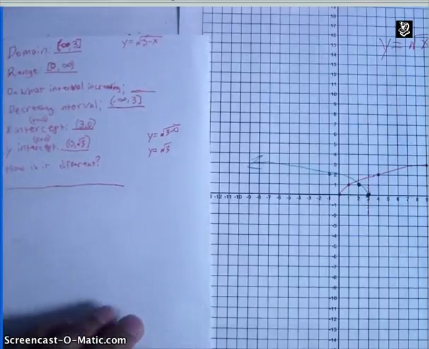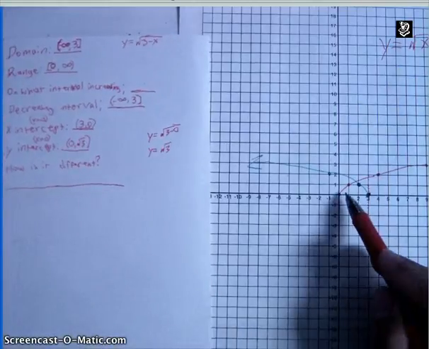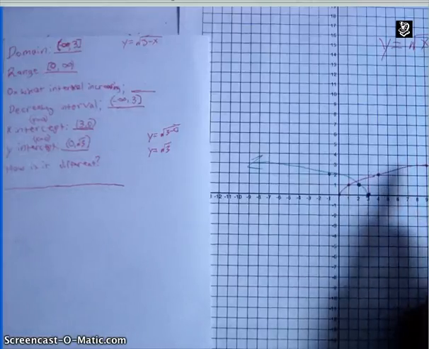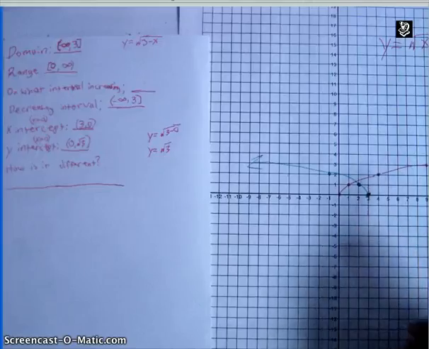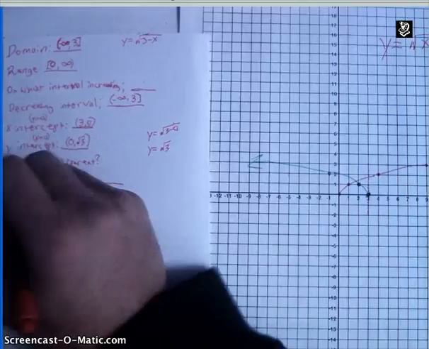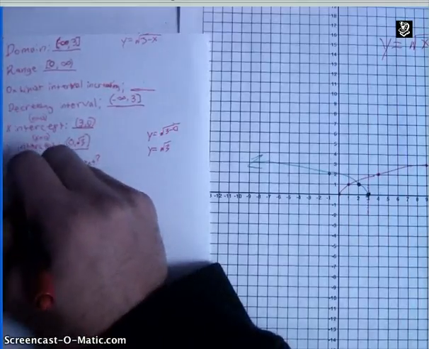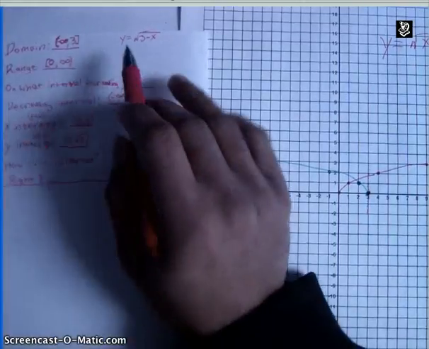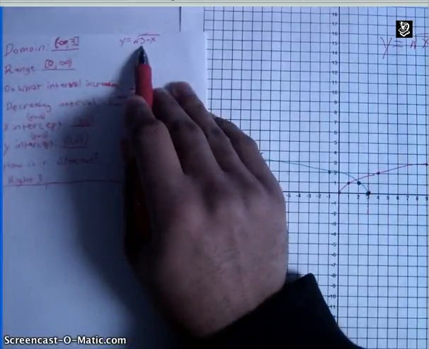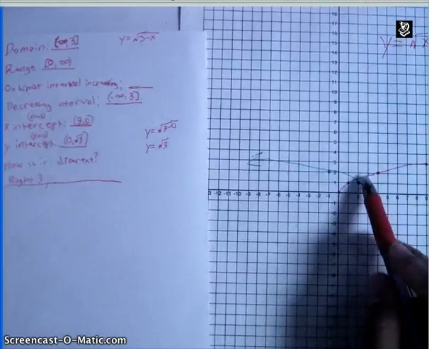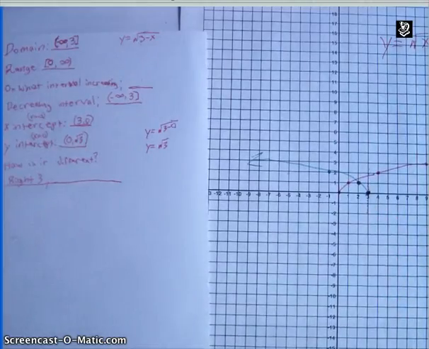Now, how does it differ from the parent graph? Well, the parent graph started at 0, but this one started at 3, so we moved it to the right 3. And what tells us that is this number inside of here. We added 3, well, that means we went to the right 3 in that case. Then we really didn't stretch it or shrink it or anything, but we did flip it across the x-axis.